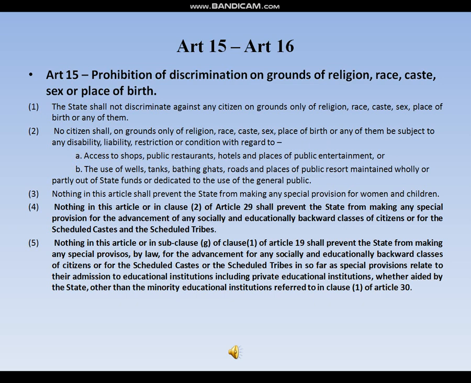Now what does clause 5 say? Clause 5 says that nothing in this article or sub-clause G of clause 1 of Article 19 shall prevent the state from making any special provisions by law for the advancement of any socially and educationally backward classes of citizens or for the scheduled castes or the scheduled tribes insofar as special provisions relate to their admission to educational institutions, including private educational institutions, whether aided by the state, other than the minority educational institutions referred to in clause 1 of Article 30.